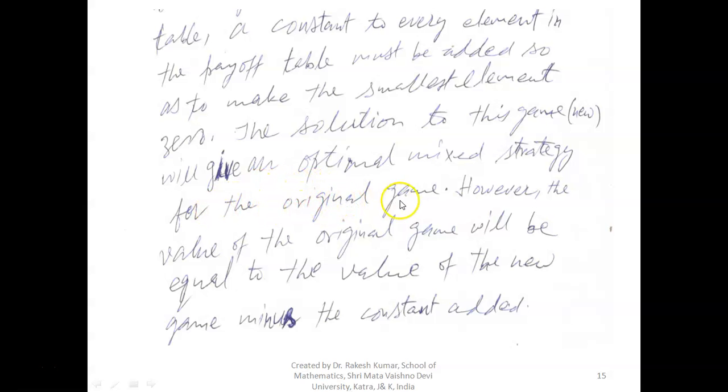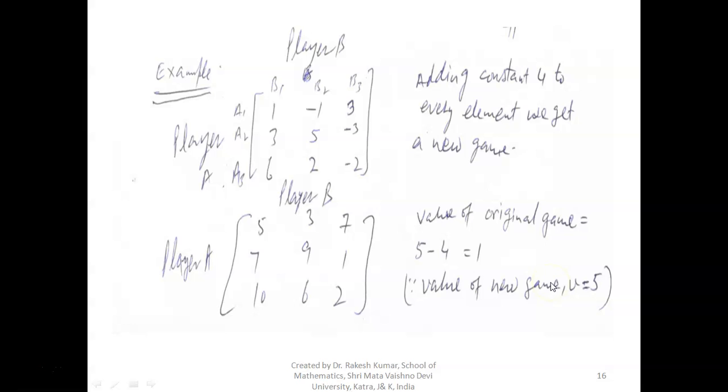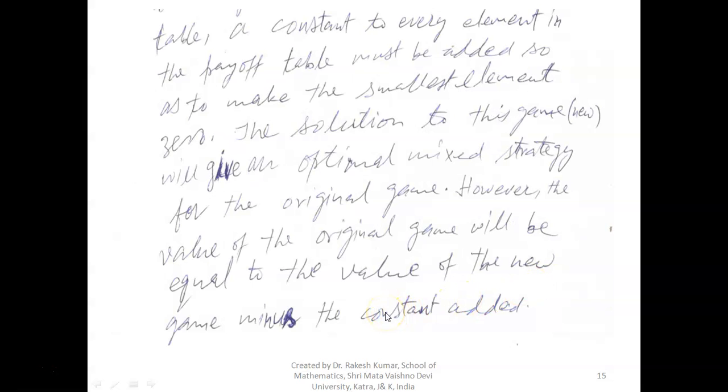Okay, that is for the original game. Whatever we get, that is for the original game. However, the value of the original game will be equal to the value of the new game minus the constant added. Okay, so whatever value you get, because from duality we know minimize u is equal to maximize v, means the optimal values of both the problems are the same.